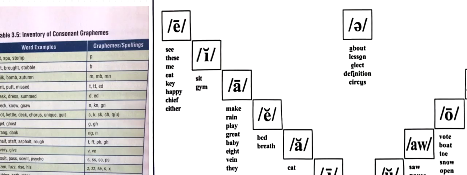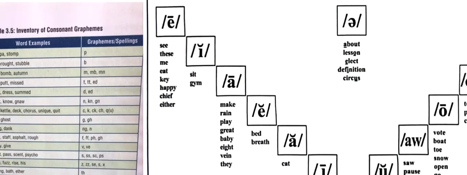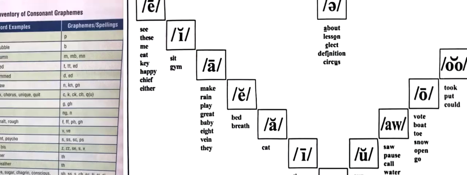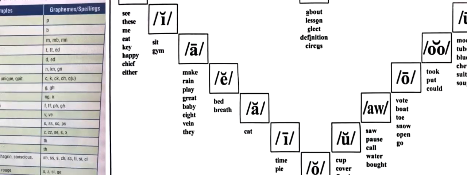The I, you can spell it with 1 I, or you can spell it with 1 Y. The long A sound, you can spell it with A consonant E, AI, AY, EA, EI, or this one, EIGH, eight.